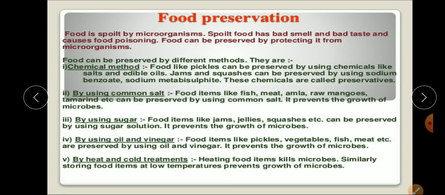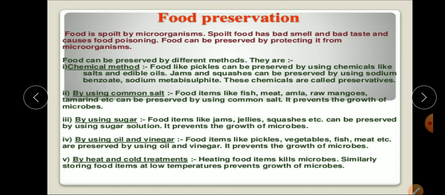Also, suppose mango pickle, our grandmother used to make that pickle. That pickle does not spoil for a long time.